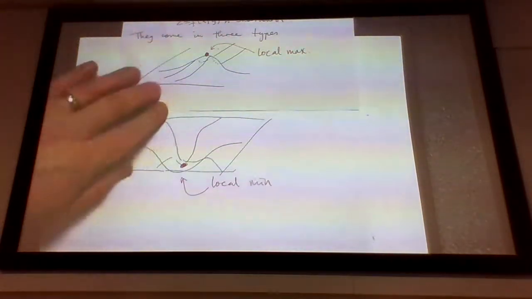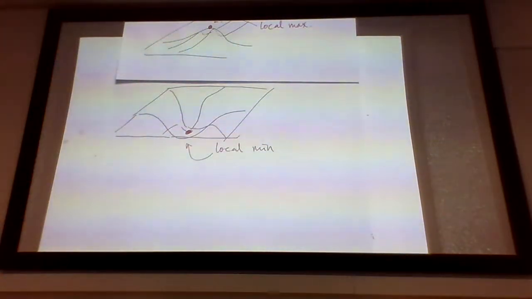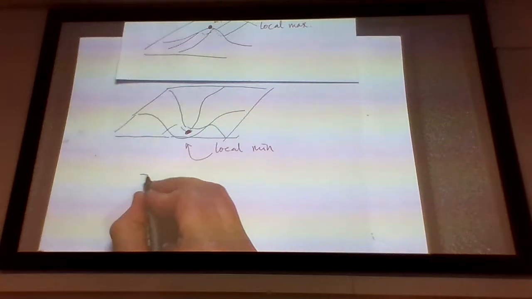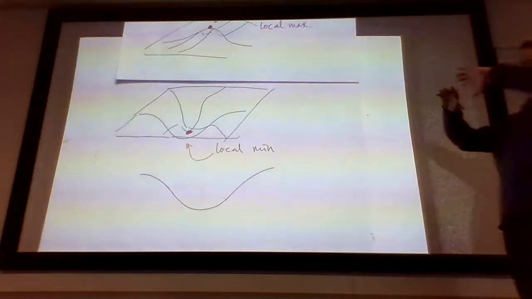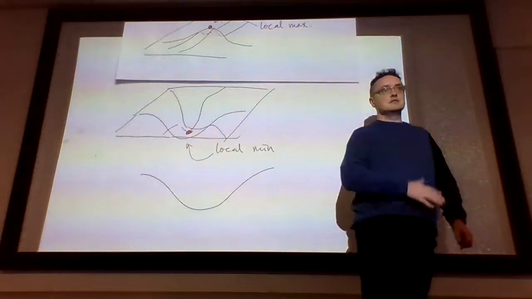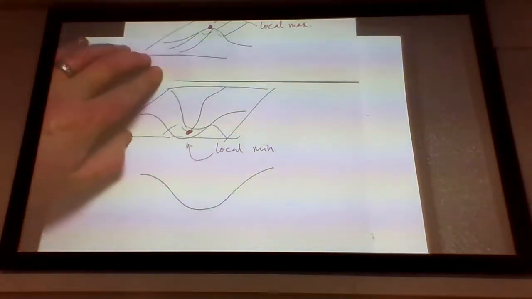And the third type is kind of the analog to the inflection point that we saw for the graph of a function of a single variable. And these are so-called saddle points. That picture is so unclear. Well, okay, so what I was attempting to draw there was the opposite of a hill. So it's like a depression in the ground, which has a lowest point in the center of it. We'll look at some better computer pictures later on.